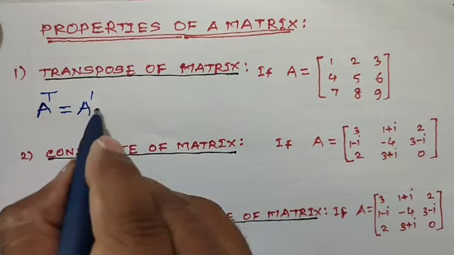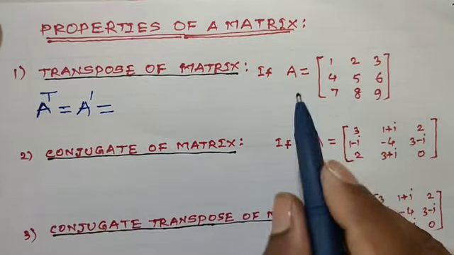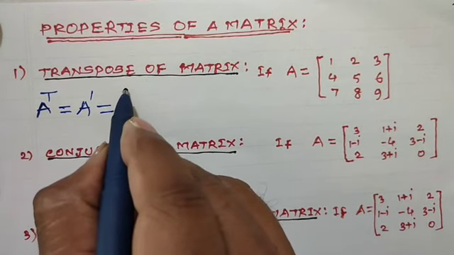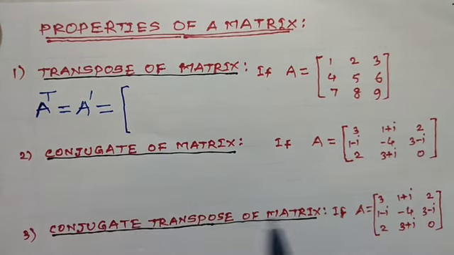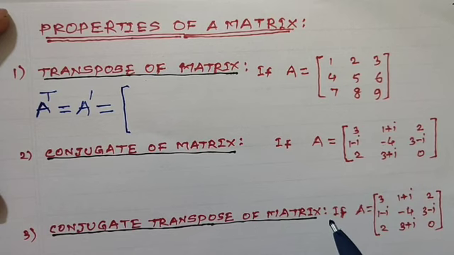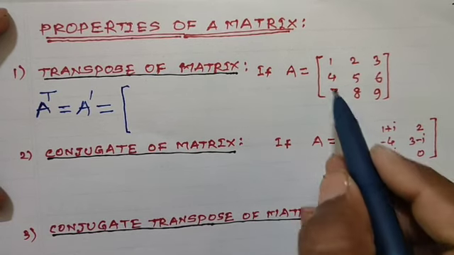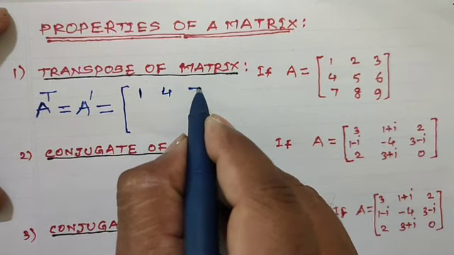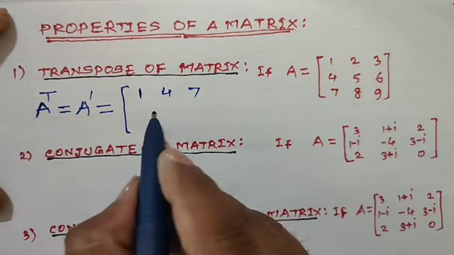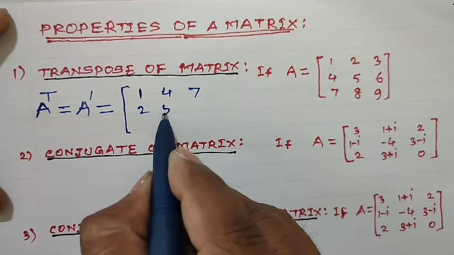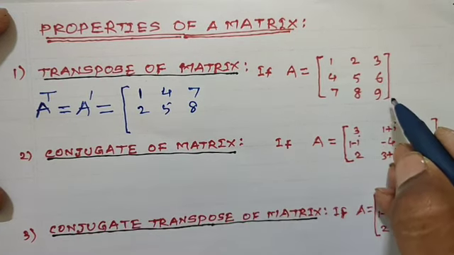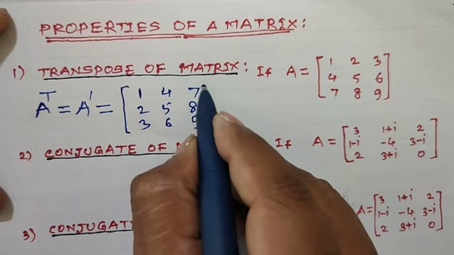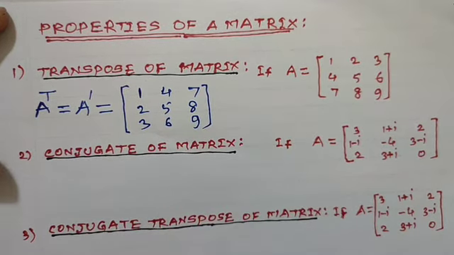If A is this matrix, then its transpose is given by interchanging rows and columns. First column becomes first row: 1, 4, 7. Second column becomes second row: 2, 5, 8. Third column becomes third row: 3, 6, 9. This is the transpose of the given matrix.